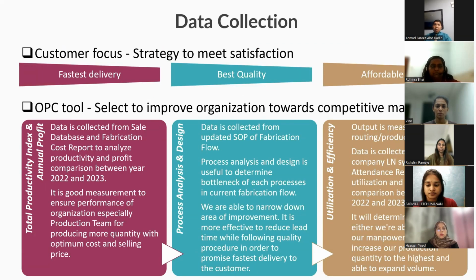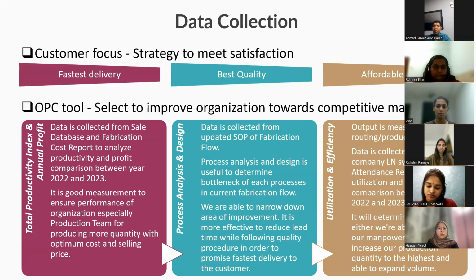Okay, this is our data collection method, which means our priority is to focus on meeting the satisfaction of the customer: the fastest delivery, best quality, and affordable price. For the OPC tools, as explained previously, the data for total productivity and profit is collected from the sales database, because we want to measure the performance of the organization, especially the production team.